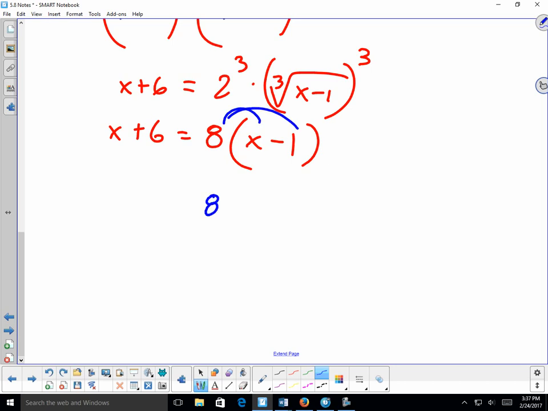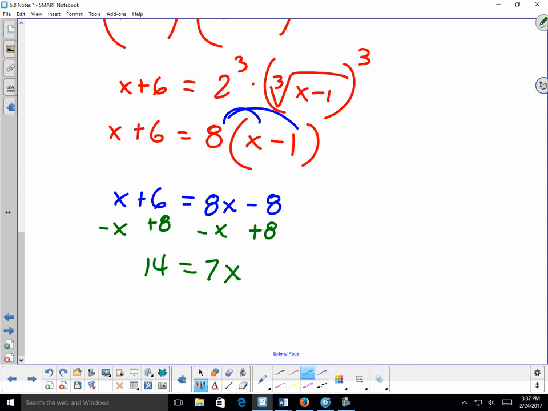You know, if I'm going too fast for you, you are using that pause button, right, and rewinding if necessary. So I get 8 times x is 8x minus 8 equaling x plus 6. At this point, we're going to subtract x from both sides and add 8 to both sides, and I end up getting 14 equaling 7x. Let's solve for x by dividing both sides by 7, and I get x equals 2.